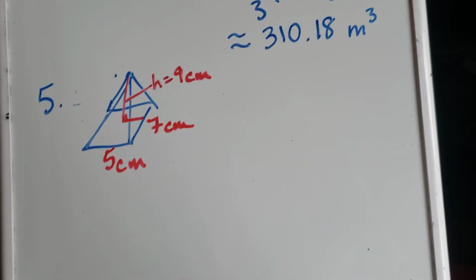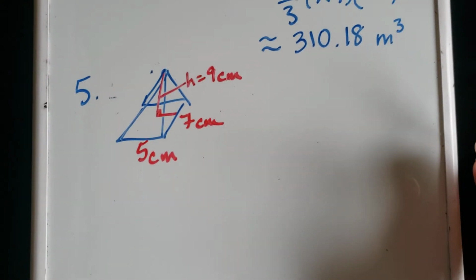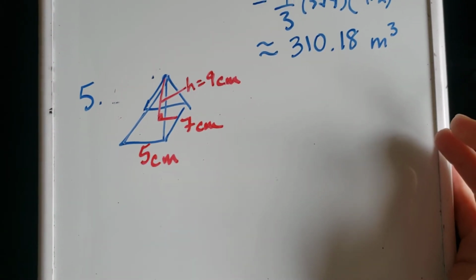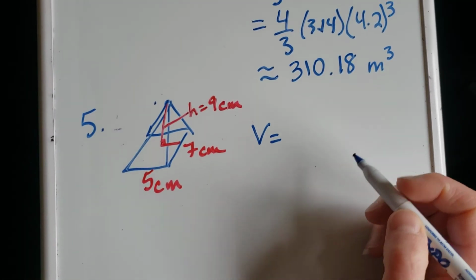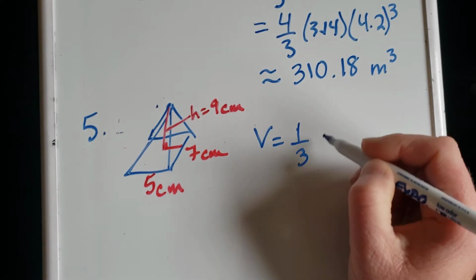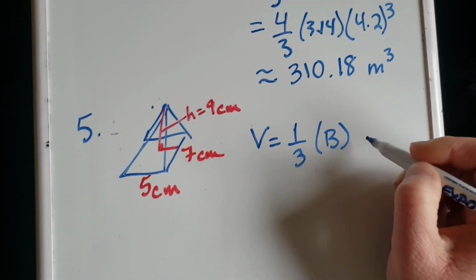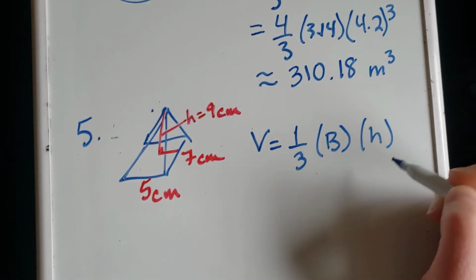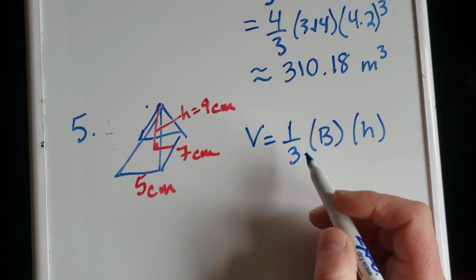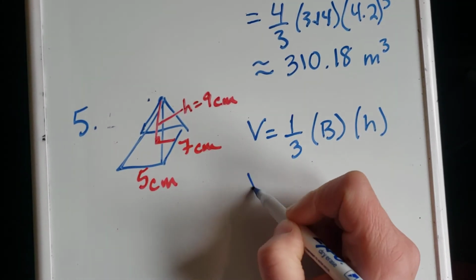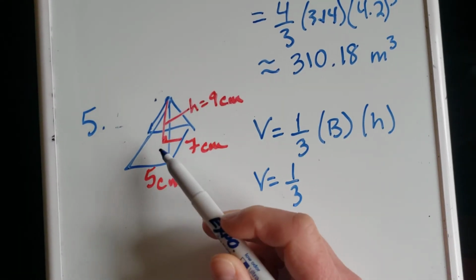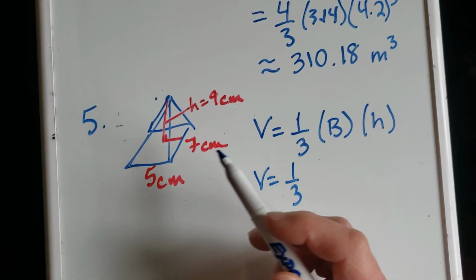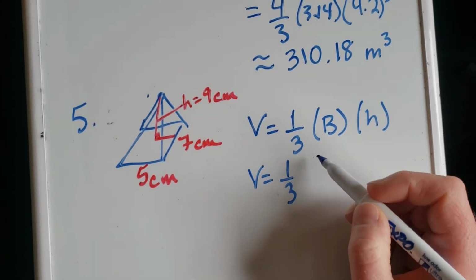Okay, finally we have a pyramid. So the volume of this pyramid is 1/3 times the area of the base times the height of the figure, okay? In this case, the area of the base is a rectangle. So we have 1/3. Again, this is because 3 of these would fit into a rectangular prism of the same other dimensions.